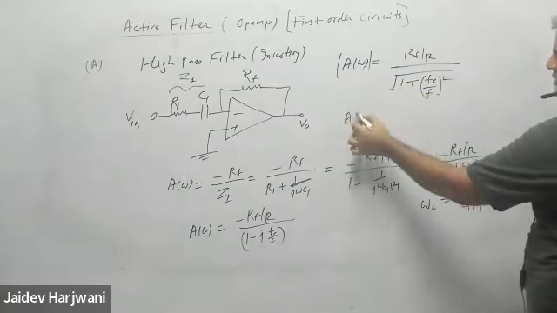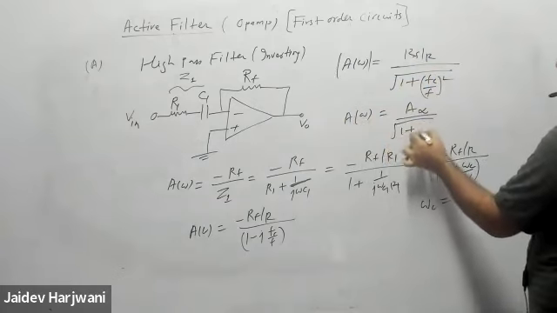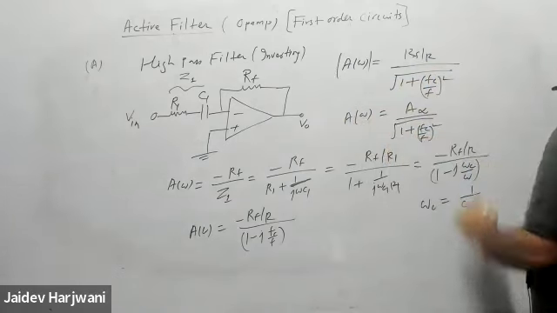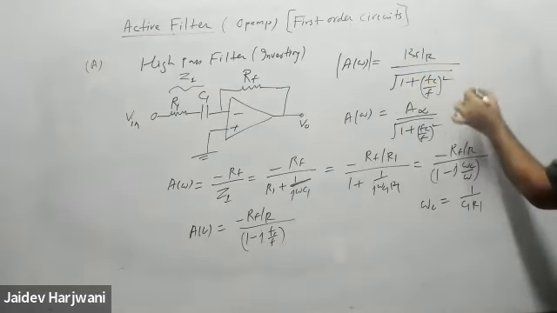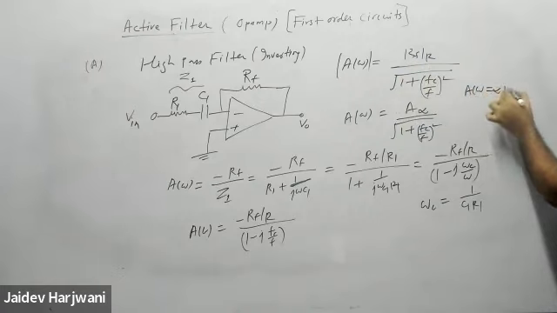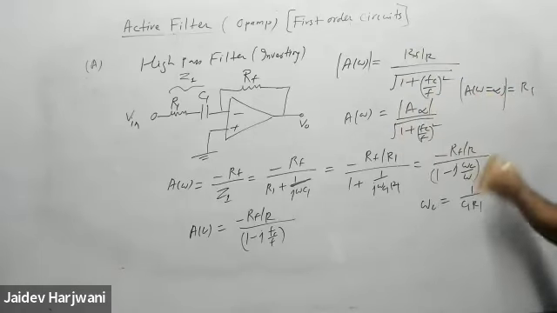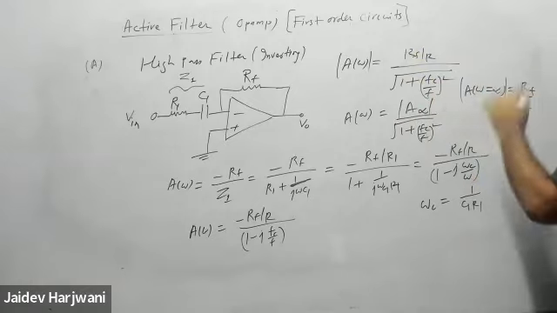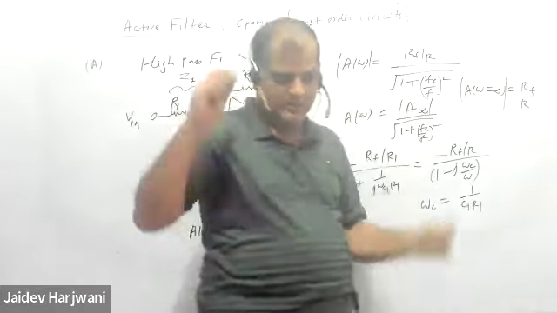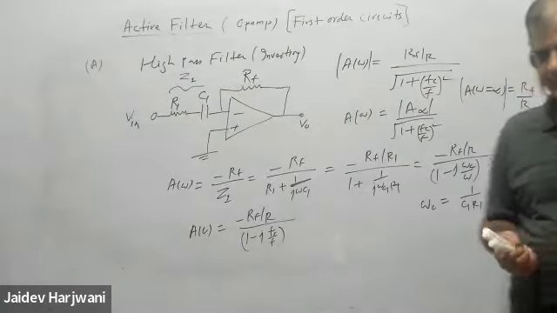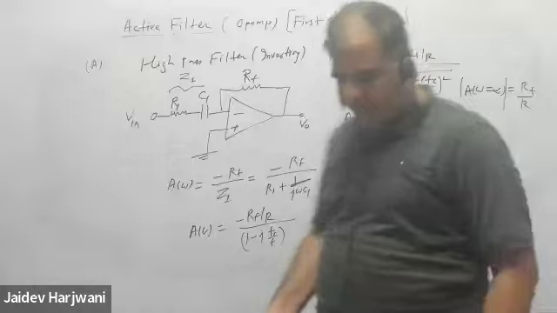And we can write this gain as A infinite times that, because at infinite frequency the magnitude of gain is RF upon R1. In the previous case also you should put magnitude here, so then there will be no issue. Don't put minus, just put magnitude. So this is your low pass and high pass, which we have completed.